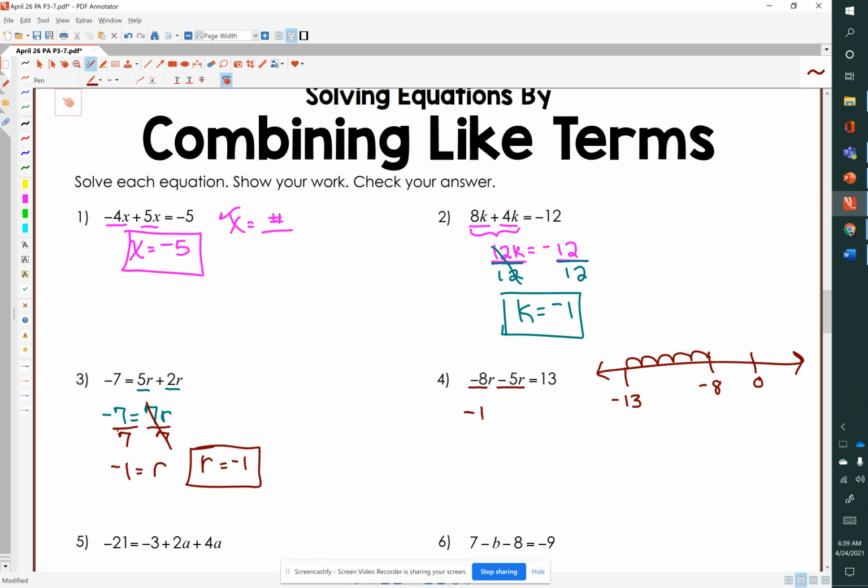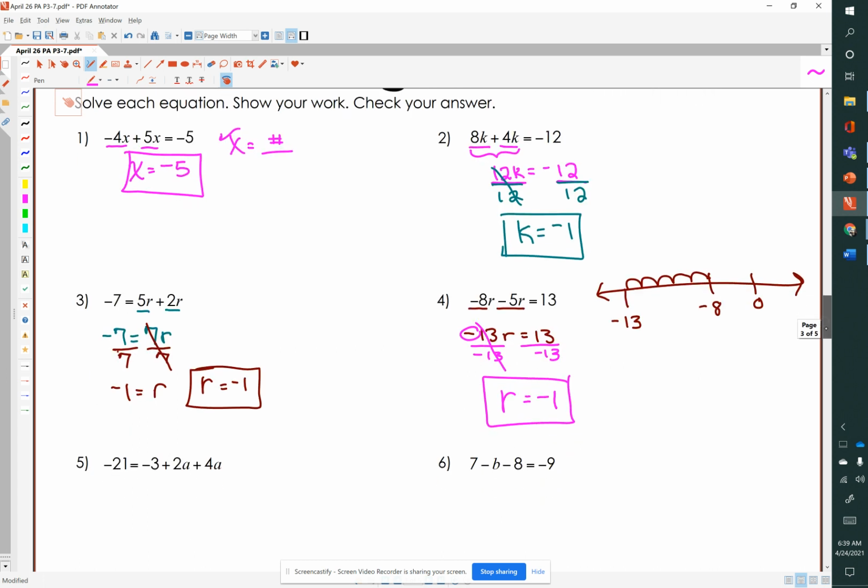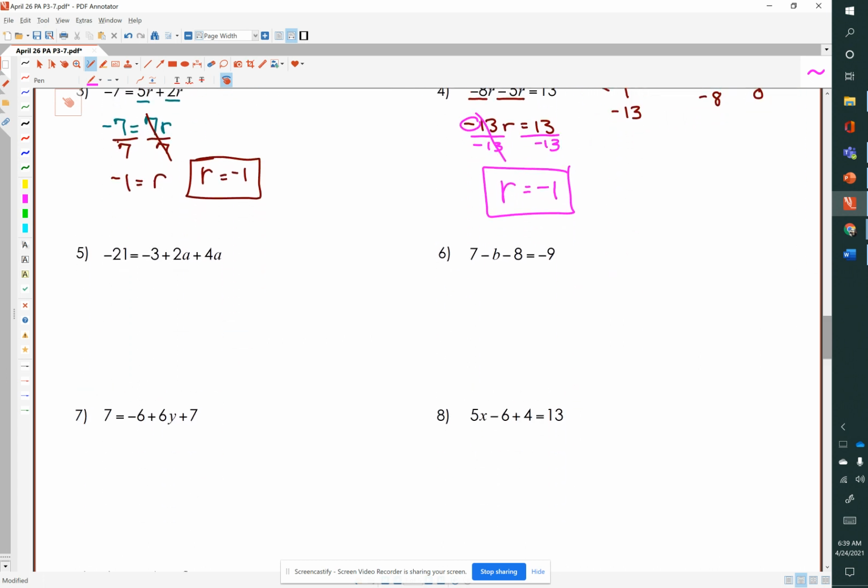So that would be negative 13r equals 13. And then we will divide both sides of this equation by negative 13. Make sure you include the negative. And that means that r equals negative 1. Getting a lot of practice with those ones today, but that's important.